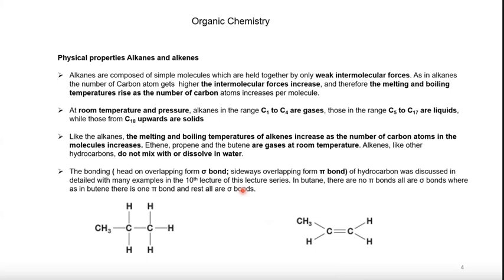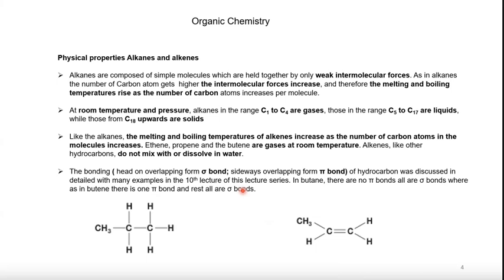And see, the bonding in alkanes or alkenes we discussed in the lecture on chemical bonding. Very well, we talked about weak intermolecular forces and how the intermolecular forces increase.